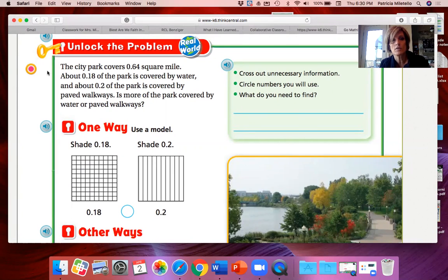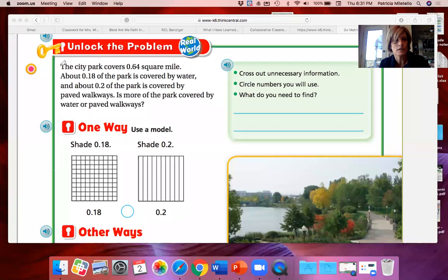So the unnecessary information that we could cross off could be, let me see, draw. Let's draw a line. Okay, well, it kind of highlights it, but that's okay. That's the part we would cross off. Circle the numbers we will use. Here we go. We need this number right here, 18 hundredths. We need this number right here, 2/10.